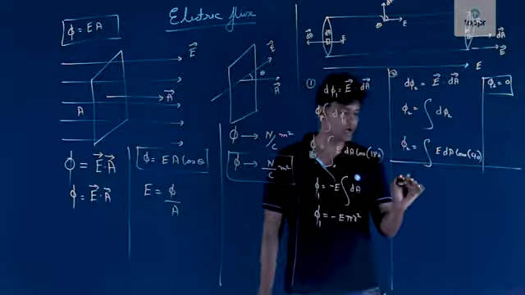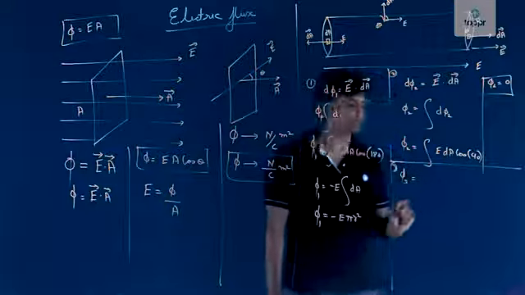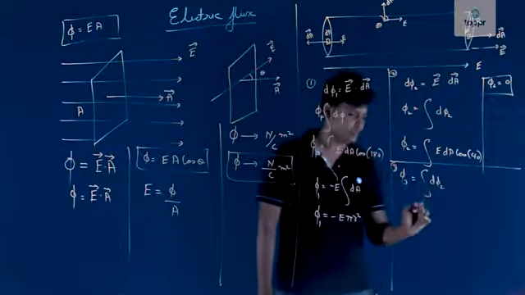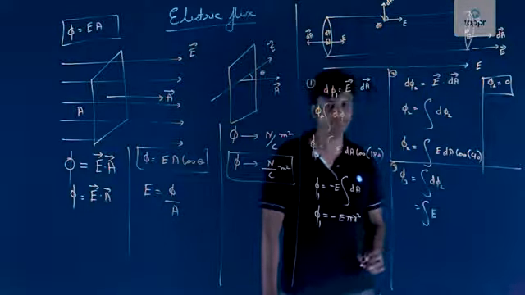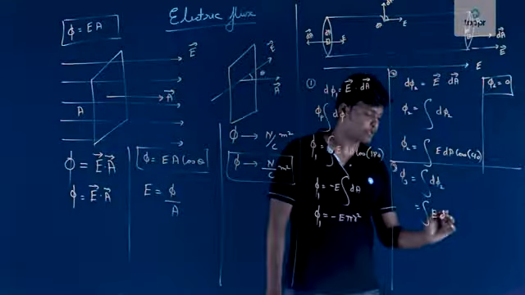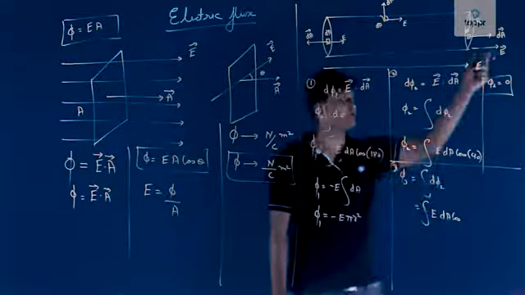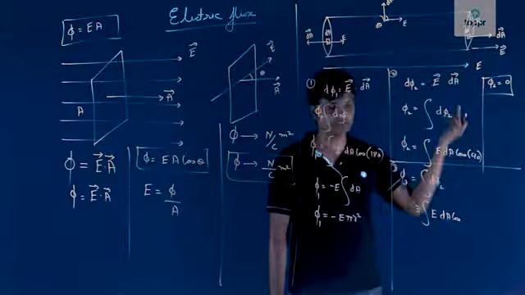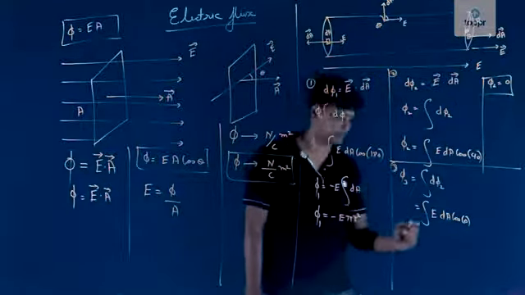Okay, so phi 3, for the third region, is equal to the integration of d phi 3. And what is d phi 3? It is magnitude of electric field into magnitude of dA into cos theta. Now what is theta? Theta over here is equal to 0 because they are in the same direction. Cos 0 is 1.